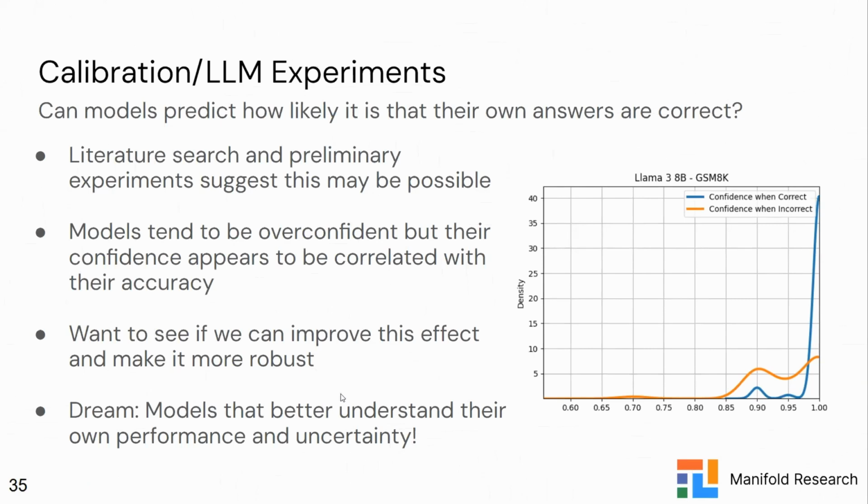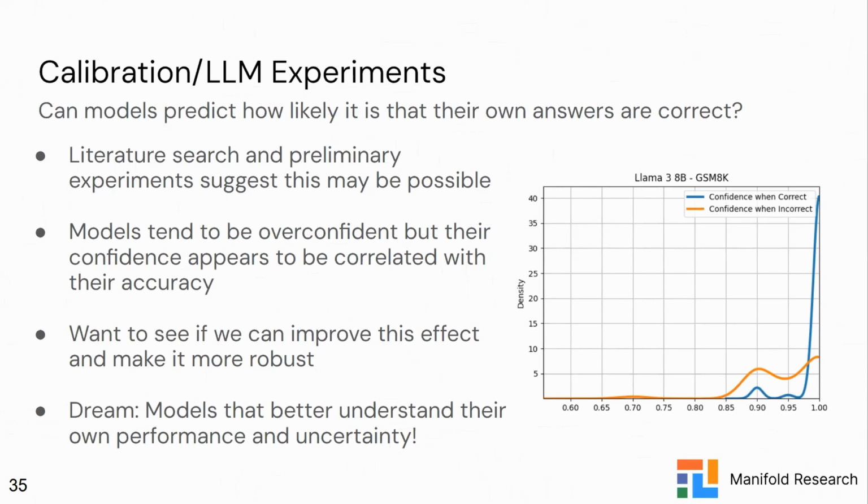Thomas, we have one question in the Discord chat asking for a clarification around what is precisely being measured here. Can you go over that again? Yes, of course. I'll explain by example.